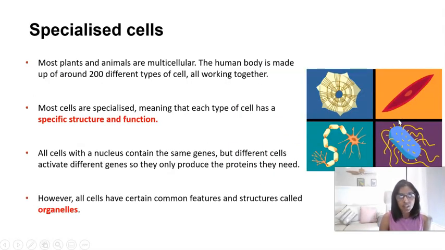Now, because we're really complex, we need to have different cells that do different functions. This little graphic here shows a cartoon of 4 different types of cells. This is actually a bone cell, believe it or not. This is a muscle cell. This is a neuron or nerve cell.